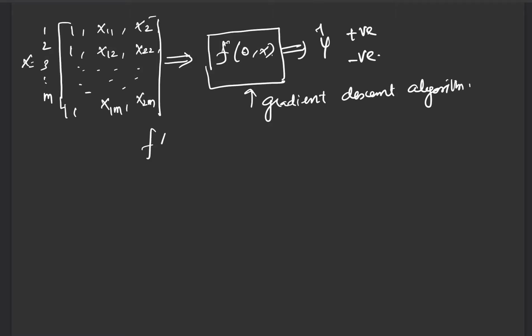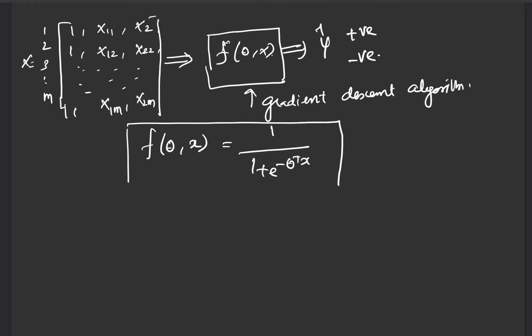Can you recollect? The mapping function is the logistic regression model, which is a sigmoidal function. Whoever is new to this session, please go back to our previous class lectures and learn about logistic regression and how the gradient descent algorithm works.